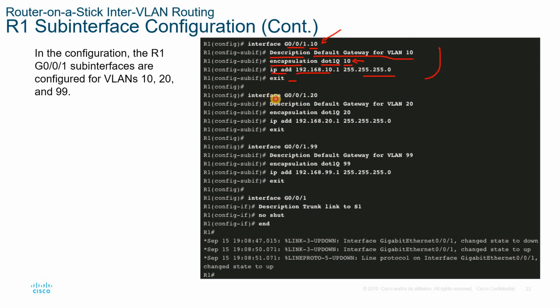Interface G0/0/1 .20, the description for VLAN 20, encapsulation dot1Q 20. This time, it's not 10, it's 20 that will support VLAN 20. The IP address assignment, and that's it. Same with that 99. Pareho lang yung command na yan.